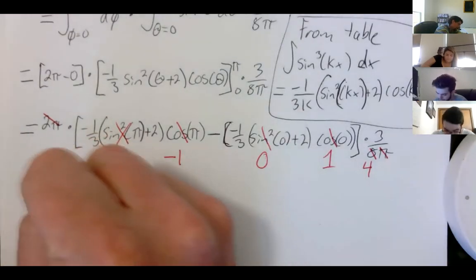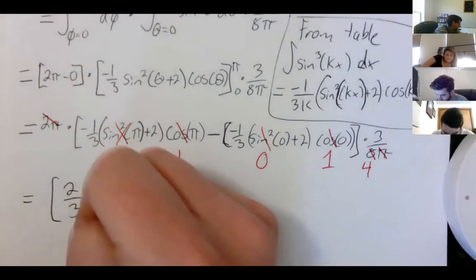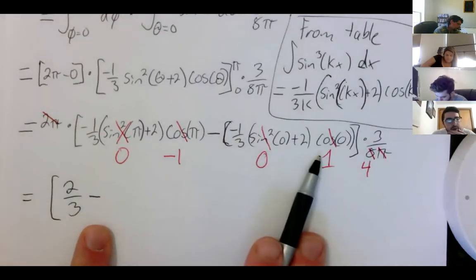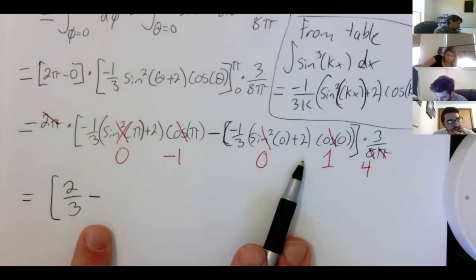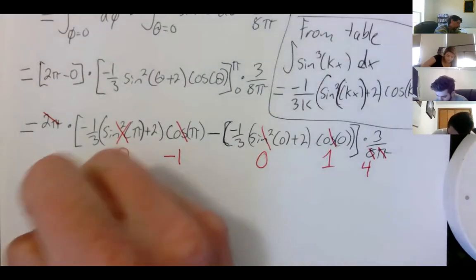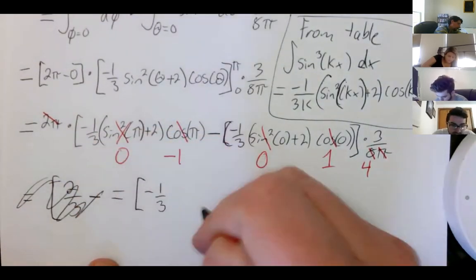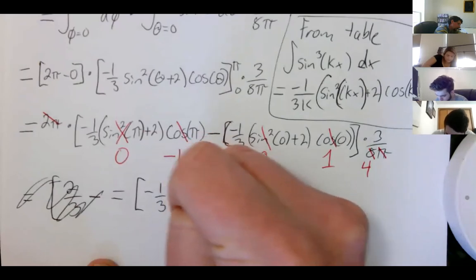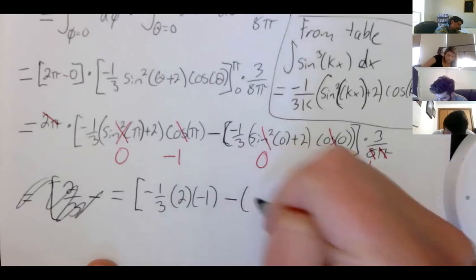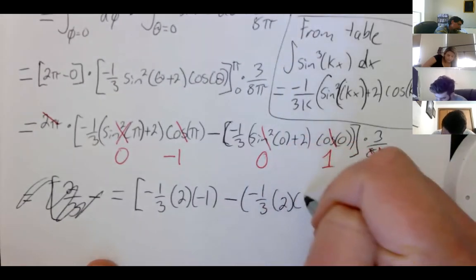Then we got minus. Here, we'll simplify it. We get negative 1/3 times 2 times negative 1 minus negative 1/3 times 2 times 1.